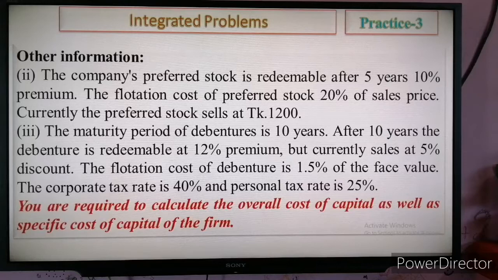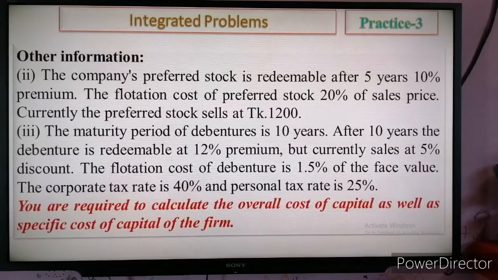This premium is provided at the time of redemption of the preferred stock, so this will be PR, because this premium has been paid by the company when they bought back the preferred stock from the holder. So it is a loss of the company, PR.